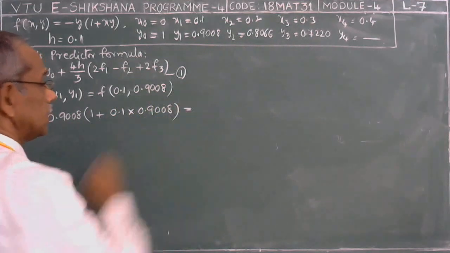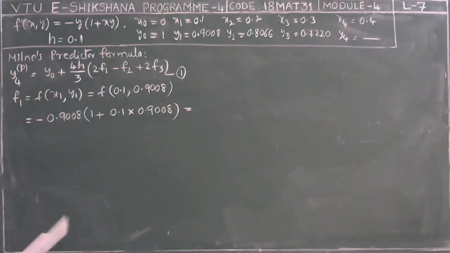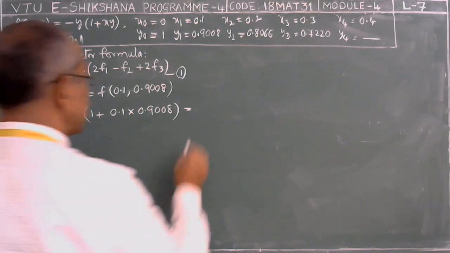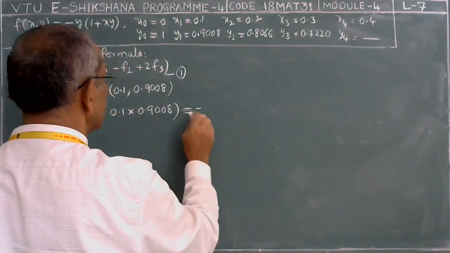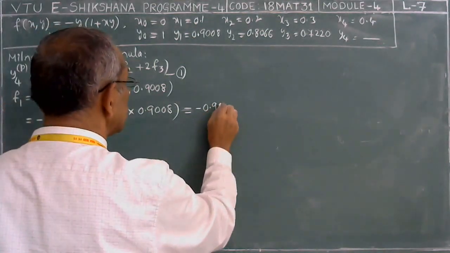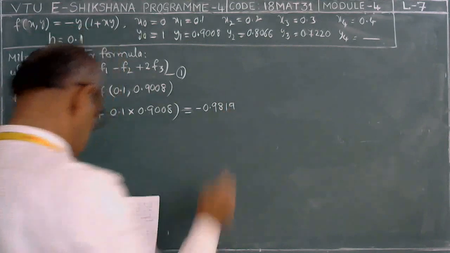If you carefully compute, you get f1 equal to minus 0.9819.